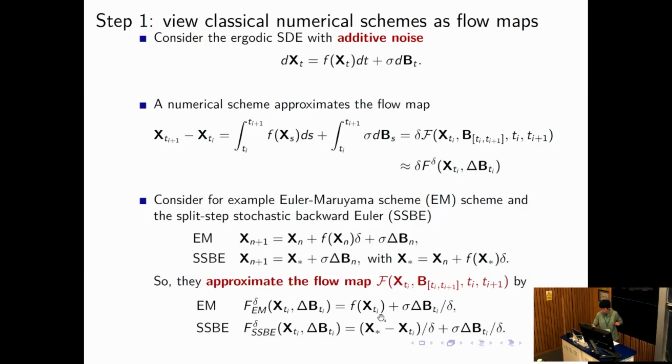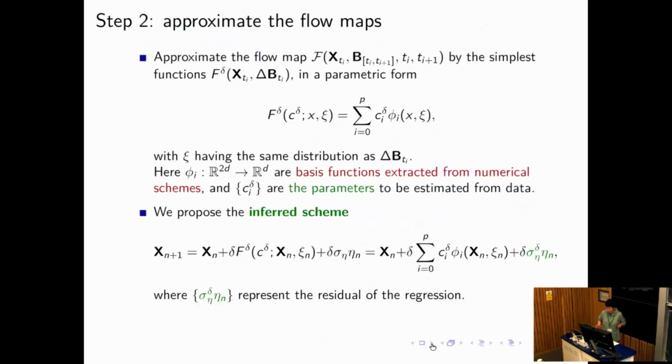Now, you see that for Taylor expansion, all these coefficients are determined. So how about we lose the restriction on these coefficients? Instead of determining the coefficients, we assume they are all parameters that can be inferred from the data. Then we can use the explicit scheme as the basis for the inferred scheme and propose this inferred structure. Notice that it is very important to assume your residual is Gaussian white noise.